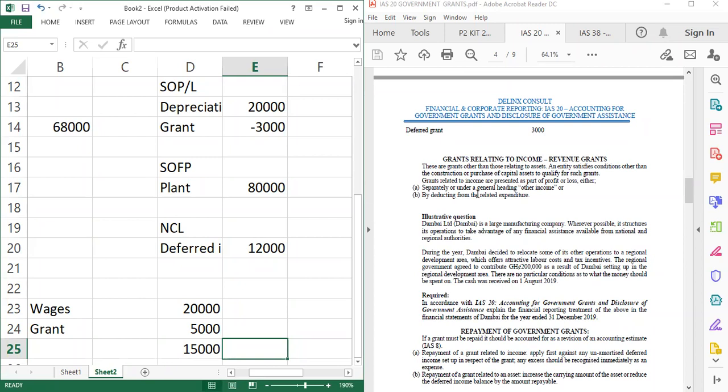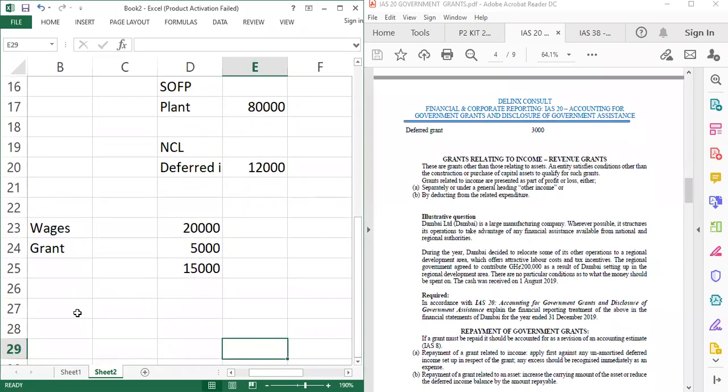So if the grant is relating to income, or we call it a revenue grant, they are saying that if you are able to employ this number of people, it's not towards acquisition of any capital asset or construction of any capital assets. It is for satisfying a condition. If you are able to do this, we give you this. Sometimes the entity may incur the expense in the past.